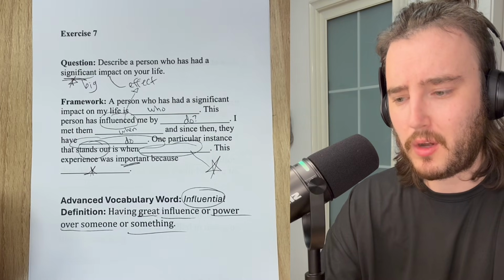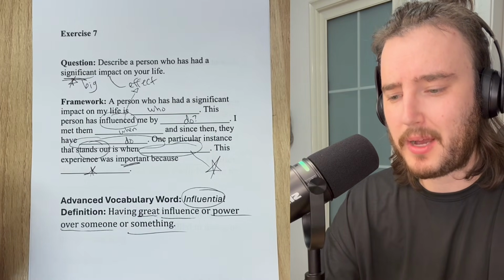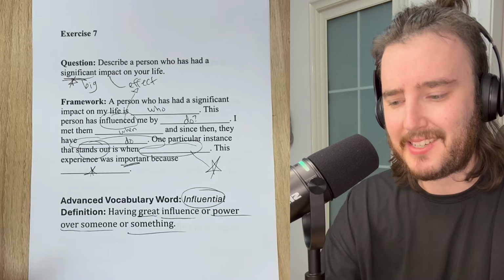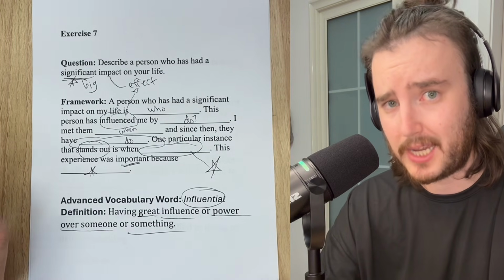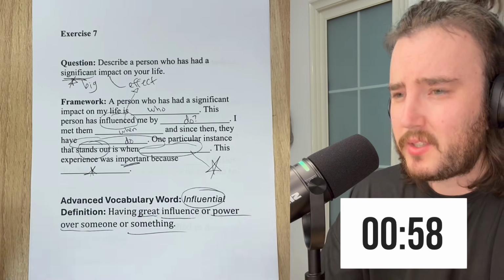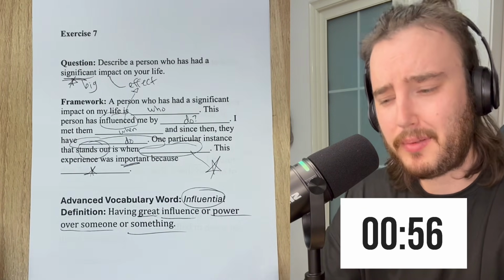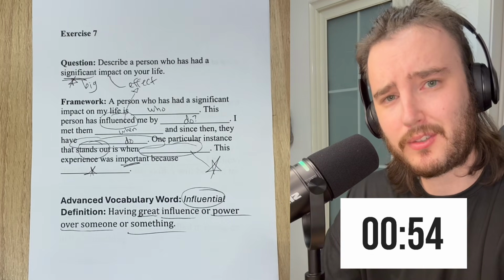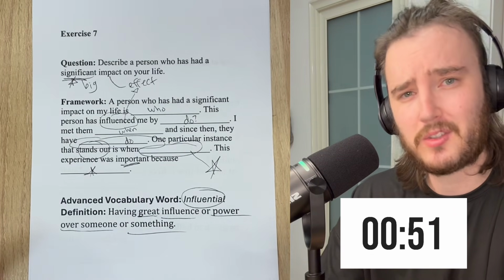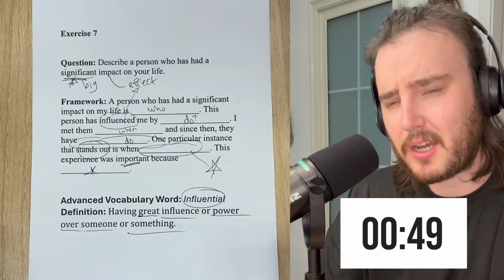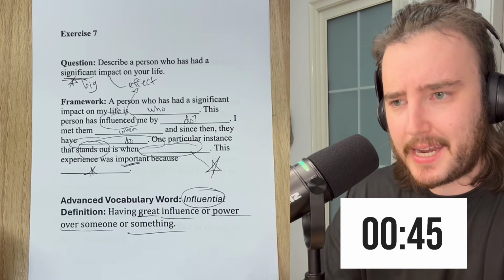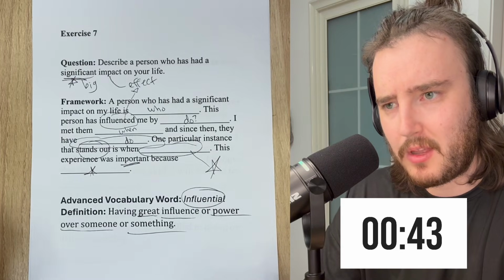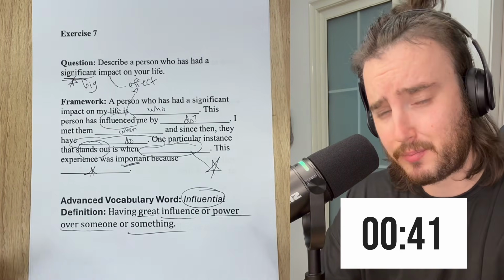Okay, I'm going to go first. Let me talk about a person who has had a significant impact on my life. I would say my dad is probably the biggest influence on me, the biggest influence in my life, and that's because we are so similar. Now my dad is a writer and that's his trade, that's his profession.